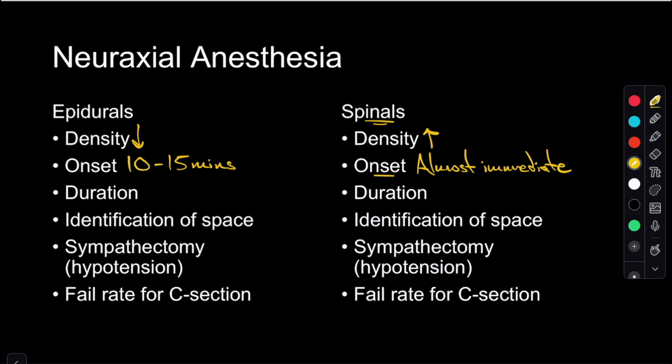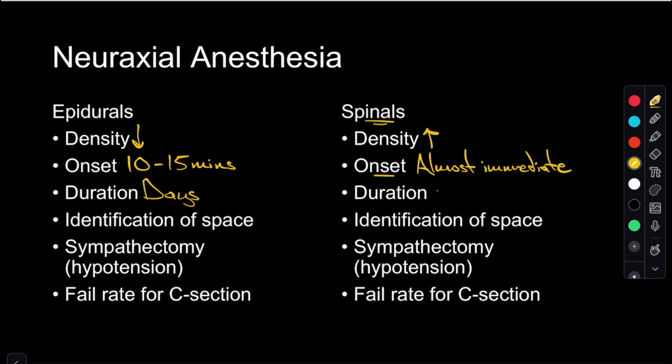So spinals are quicker. The big advantage for epidurals, or one of them, is because you're introducing a catheter into the neuraxial region and you're leaving that catheter there, theoretically, you could provide anesthesia for days.